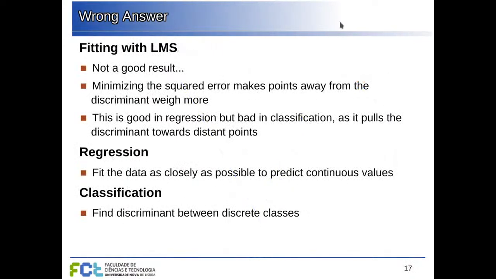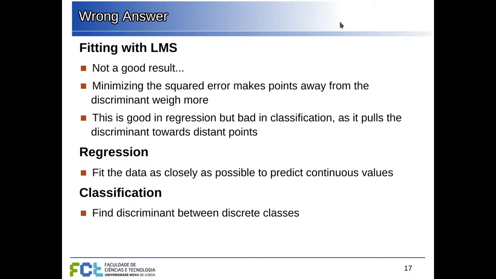So fitting with least mean squares does not give us a good result, because it makes the points that are far away from the discriminant start weighing more on the position of the frontier and pulling the frontier to the wrong place. We want to penalize something that is away from the line in regression, but not in classification.